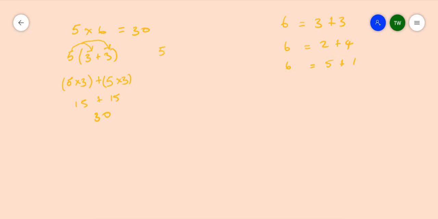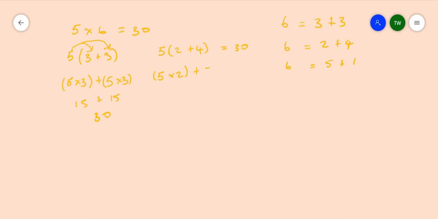We're going to take 5 to multiply 2 plus 4. And we know when we finish, we should get 30, right? So we're going to take the 5 on the outside to multiply the 2, put that in a bracket, and then we're going to put a plus sign.